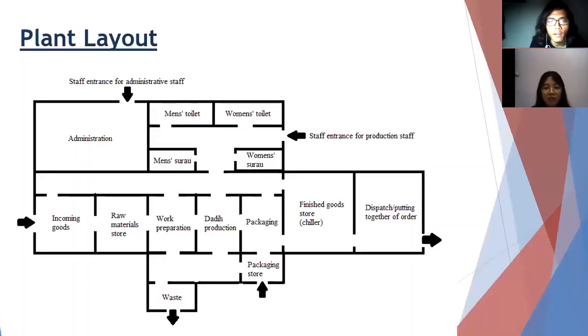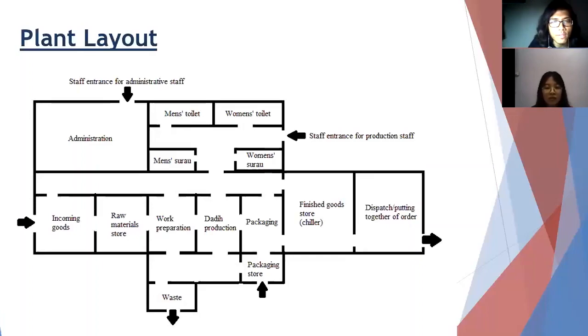Next to the chiller room is dispatch, which is where the finished goods of the dade will be distributed to all retailers and stores by lorries.